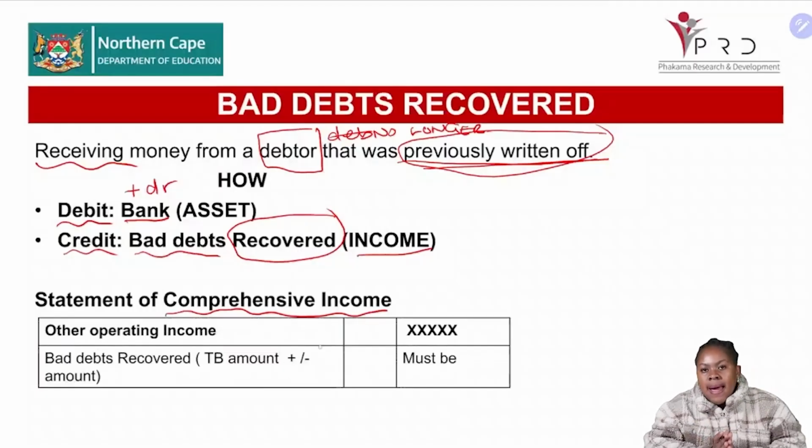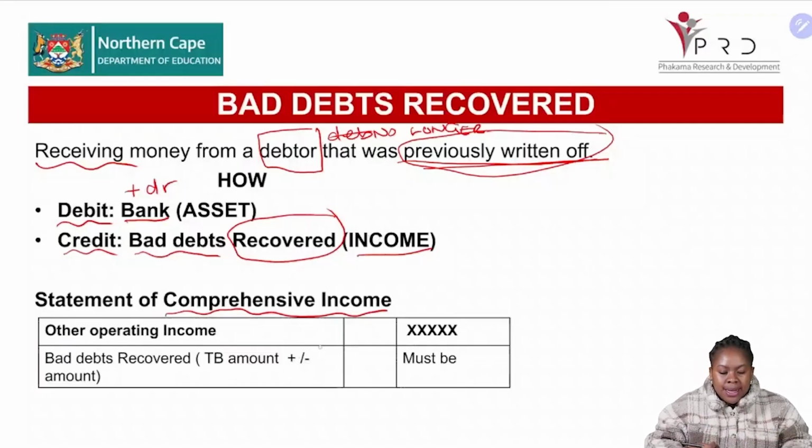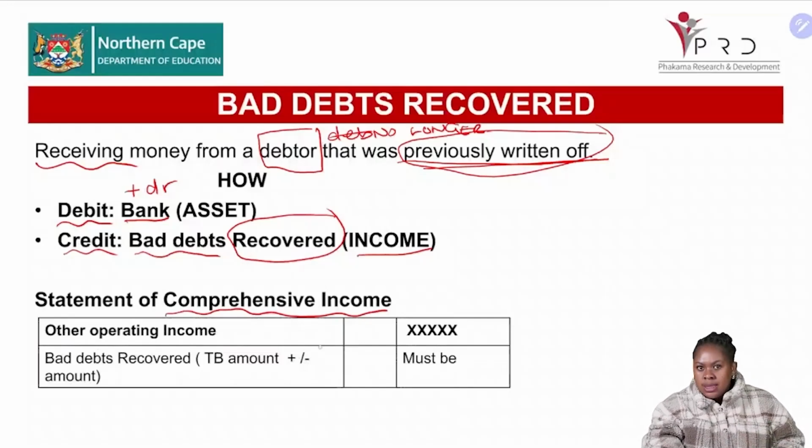Now, the one thing that I need you to be aware of, this transaction cannot just always be straightforward the way it is. Sometimes it can tell you that there was an error. Instead of putting the amount in our bad debts recovered account, the bookkeeper put it in our debtors control. So that means that we know better, because obviously we are auditing the books, right?